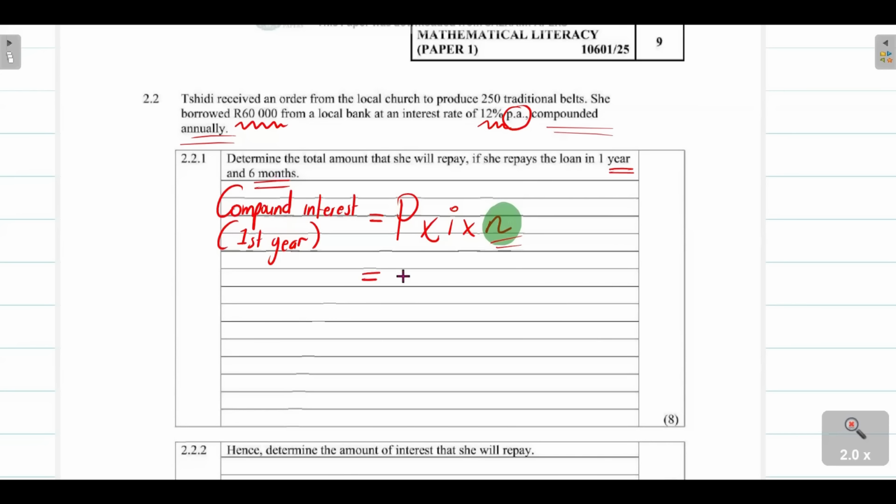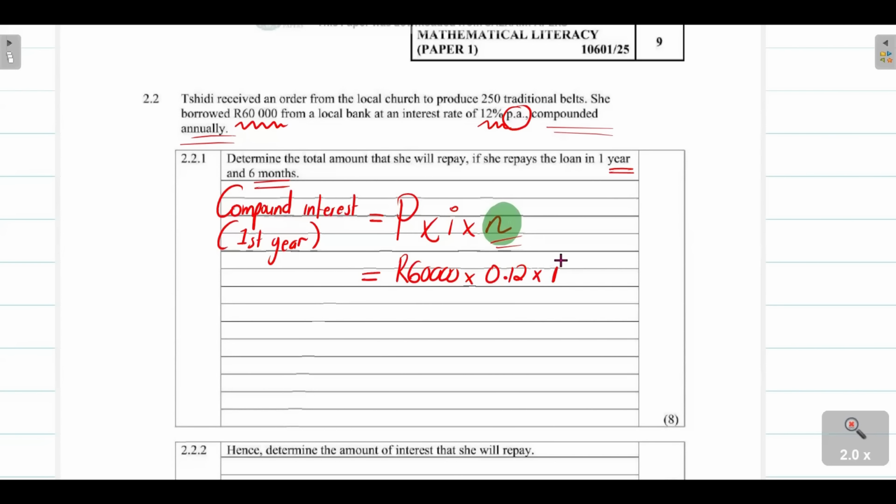The principal amount she borrowed is 60,000 multiplied by the interest rate, 12 over 100, which is equal to 0.12.